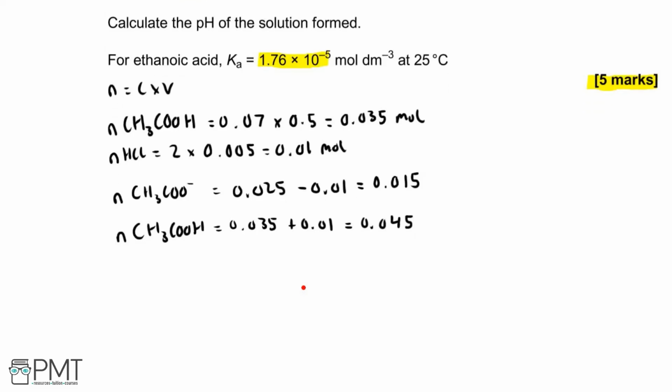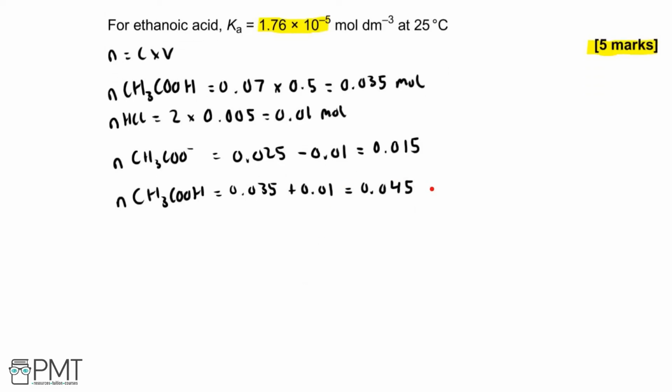Now that we have done this, we need to start calculating our pH. And pH is based off of our concentration of hydrogen ions, and the way we are going to find that is by using our acid dissociation constant. So for ethanoic acid, the equation for this looks as follows.